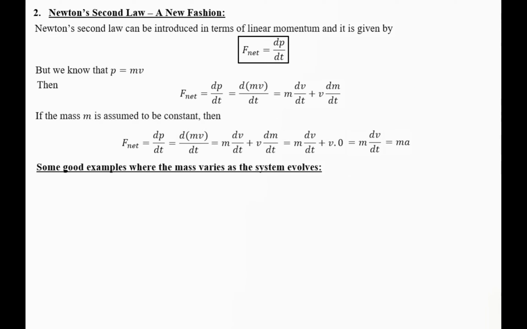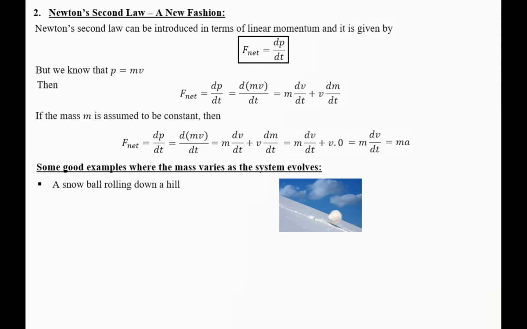Now let me also state some good examples where the mass varies as the system evolves. Consider a snowball which is rolling down a hill. As the snowball starts to roll, it will gain some mass, which means that the mass is varying, and in this case it's increasing. So we need to use, in this particular case, F net given by dp divided by dt.